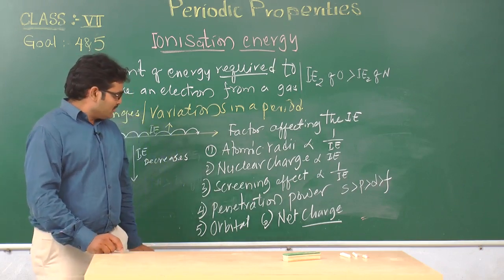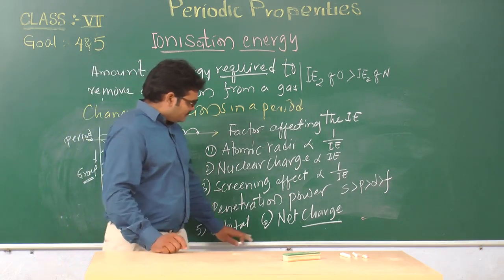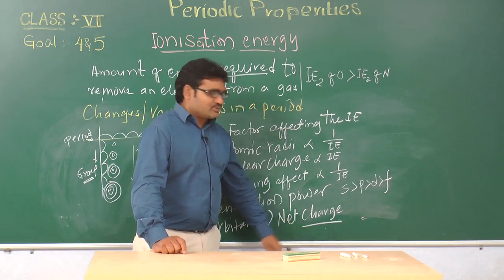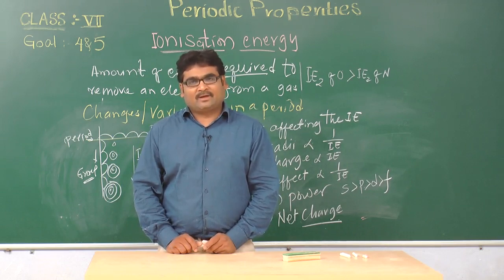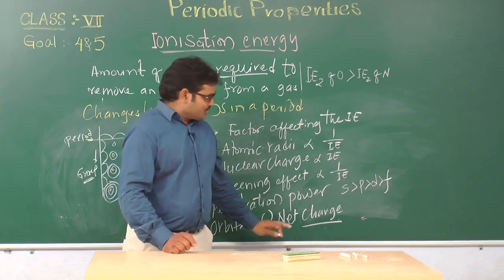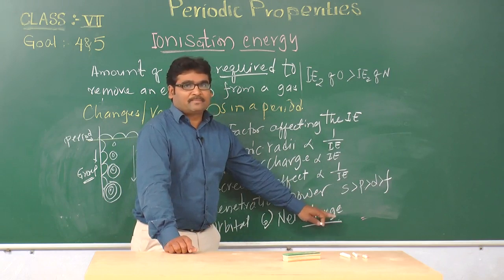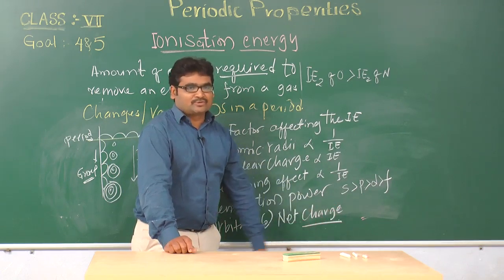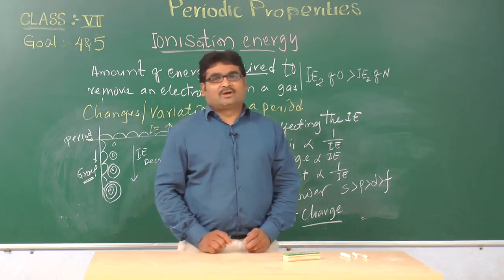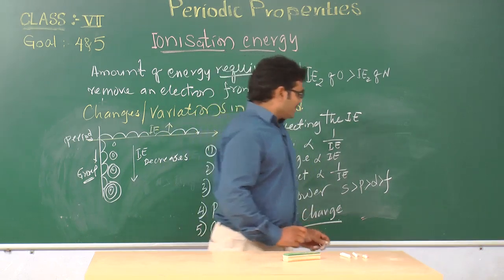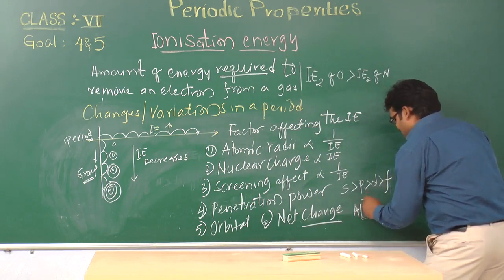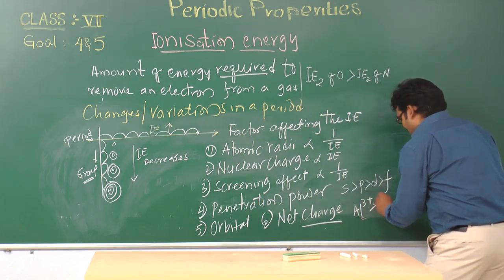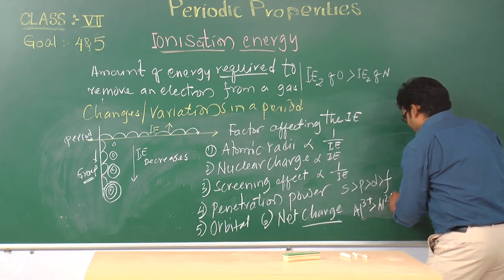Now, coming to the next one, the net charge on the atom. The net charge is directly proportional to the ionization energy. We can take an example here: Al3+ requires more energy than Al2+, and Al2+ requires more energy than Al+.